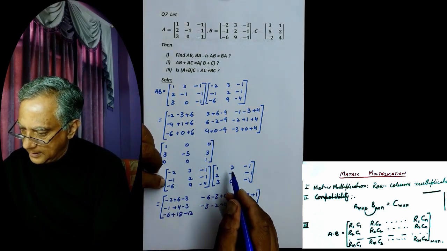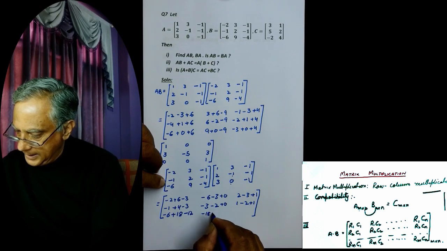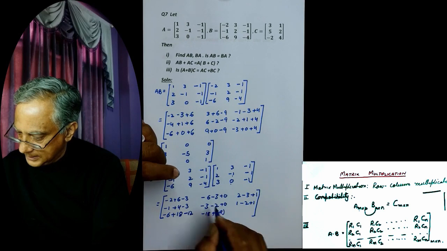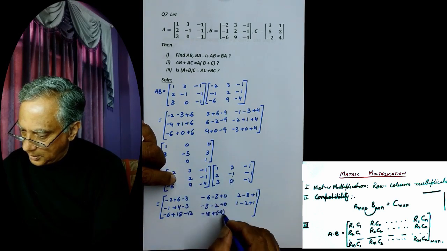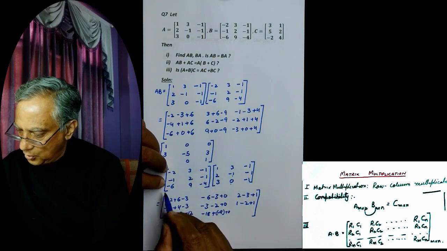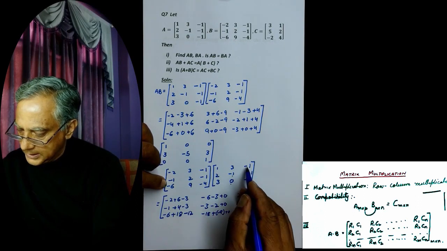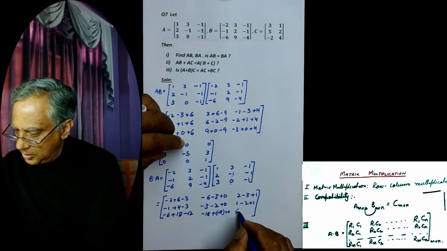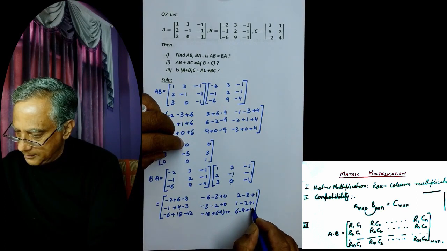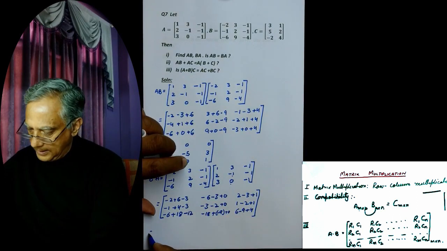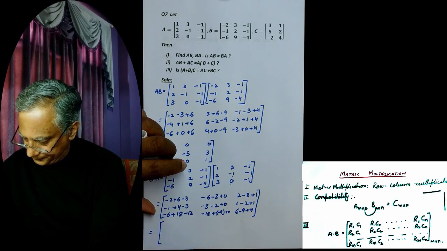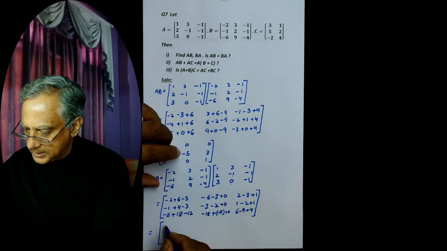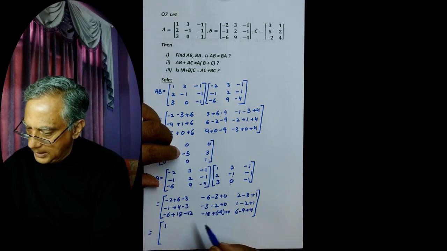This into this. Minus 18 plus minus 9 and 0. This into this. This is 6 minus 9 plus 4. And this is equal to, now simplify this. This will be 6 minus 5 is 1.